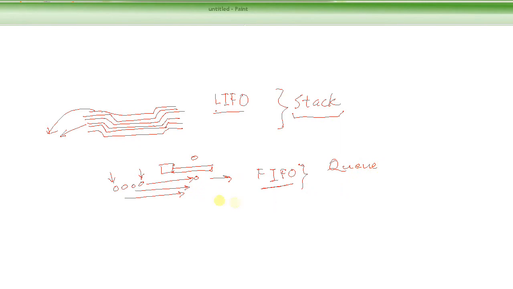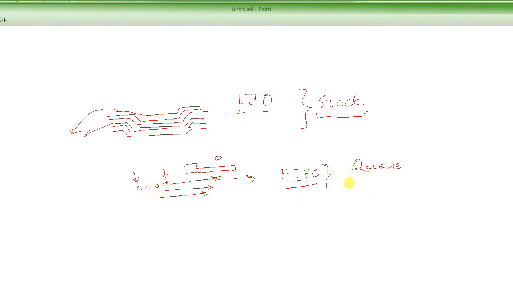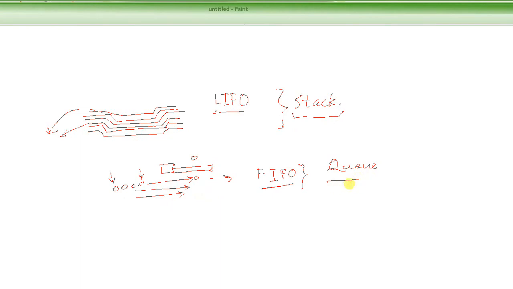or we call it a line. We don't call it a line in computer science. This structure is called a queue, but in our regular language we call it a line. So if you have data that needs to be processed in the order in which it came in, the first data that came in is the one you have to process, then it's following the FIFO rule.